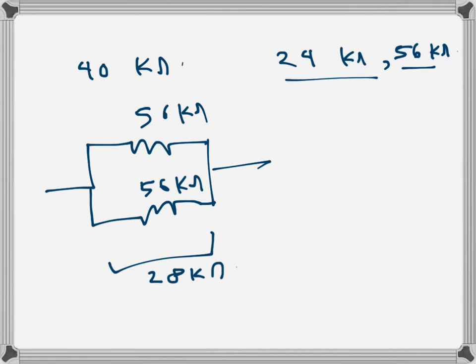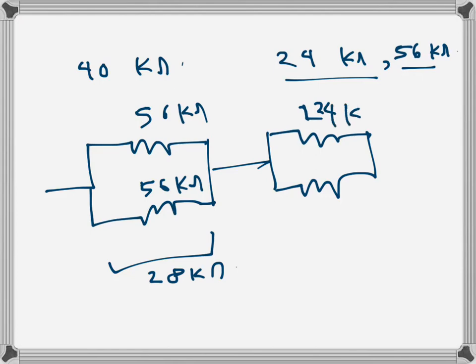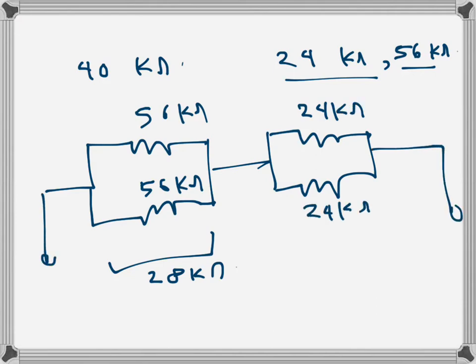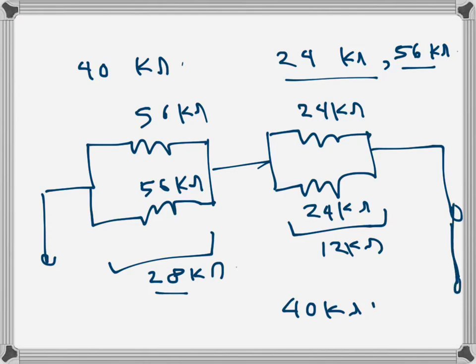And again if we use 24 kilo ohms in parallel, two of them, we get 12 kilo ohms. So 28 plus 12 gives us 40 kilo ohms. So here at these two terminals, we get 40 kilo ohms.